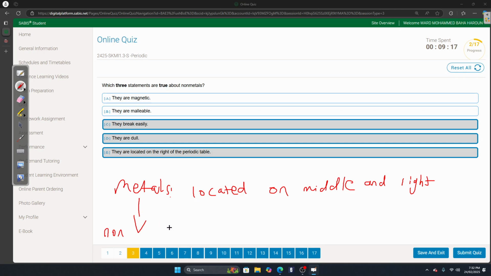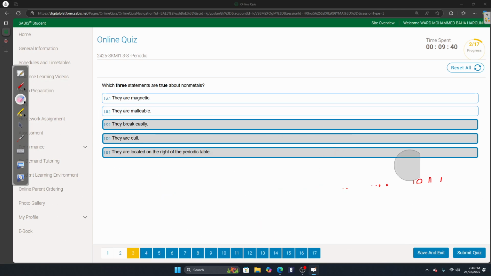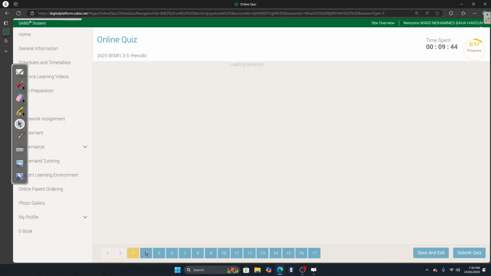Non-metals located right. One second, let me just change this because it's wrong. Middle and left. Excuse me. Non-metals, bring this down, are located on the right of the periodic table. Okay? Go back and screenshot, please. If you want, of course.